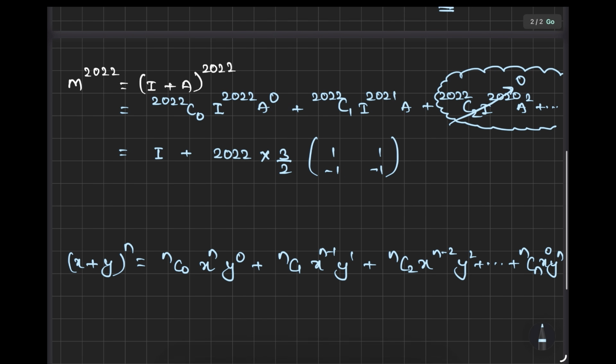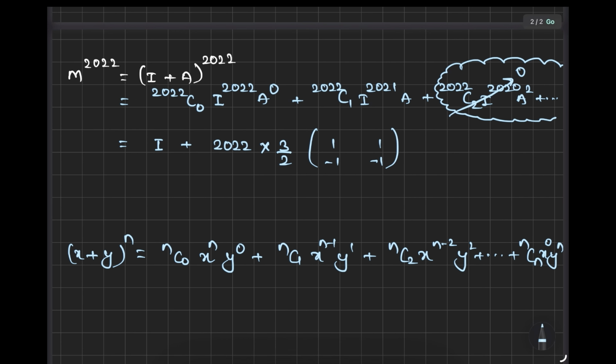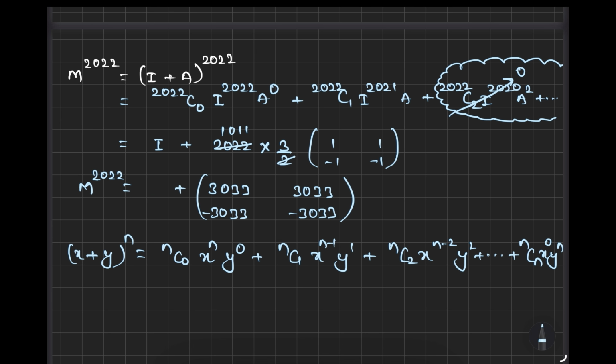So we have to simplify this to get the required answer. So we got 1011. So can I write M to the power 2022 equals I plus, this is 3033, 3033, and then minus 3033, minus 3033, and we have to add the identity matrix.